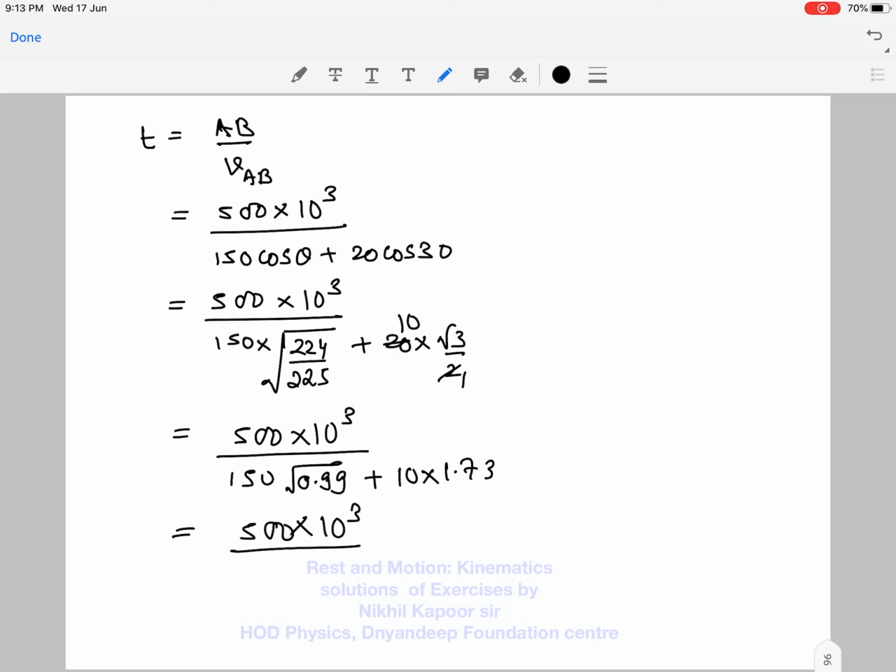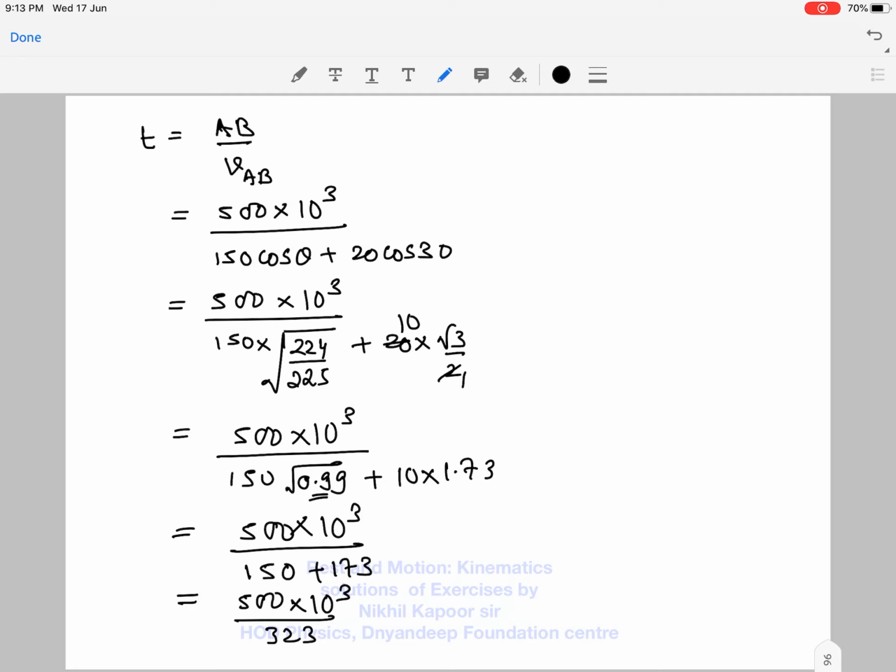So it is 500 into 10 to the power 3 divided by 150 times root of 0.99, which is approximately 1, so I will make it 150 only. This is 173. Now if you divide this, you will get the answer. So it will be 500 into 10 to the power 3 divided by 323.